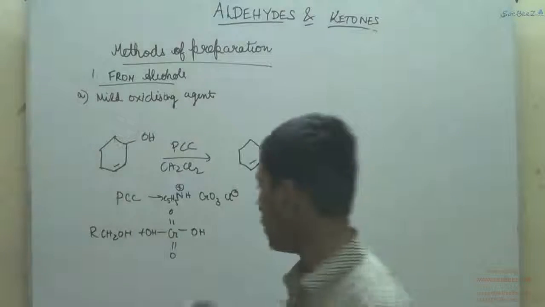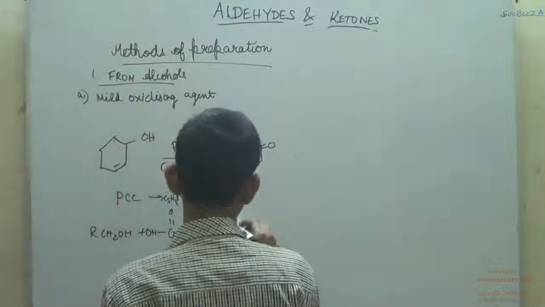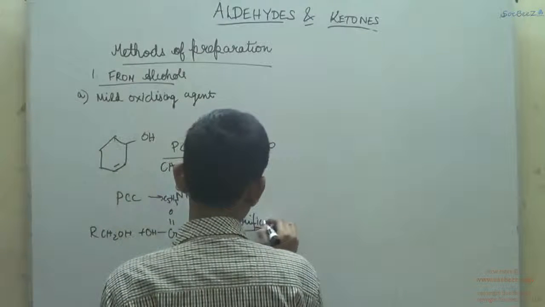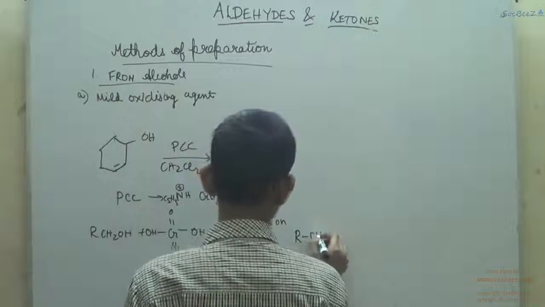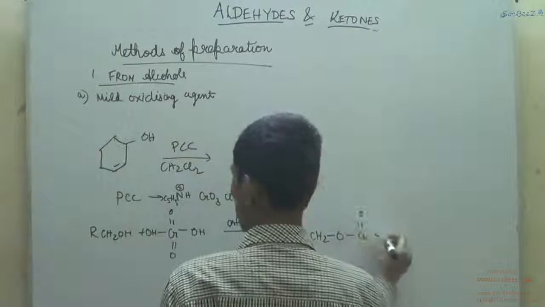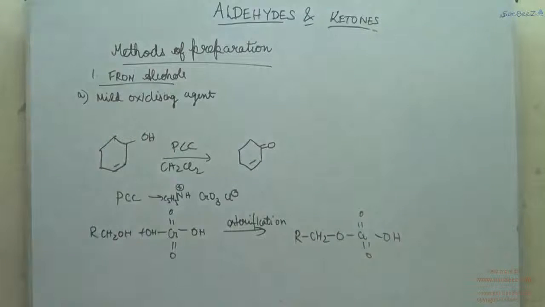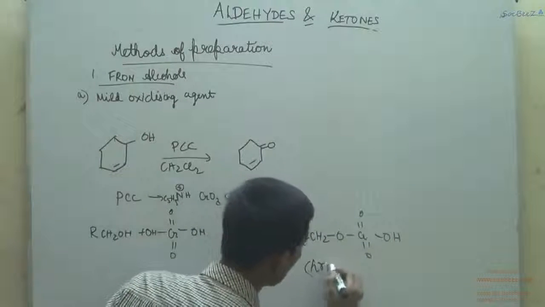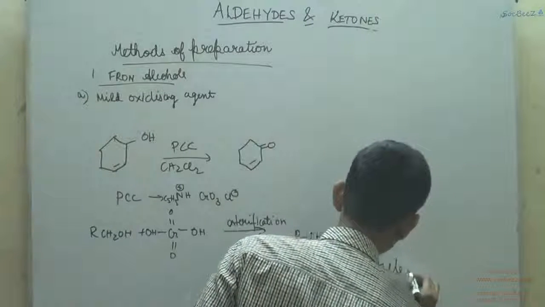This acid is formed, and this is an acid, this is an alcohol. So you have an esterification reaction. By the esterification reaction, you will get an ester, that is RCH2O-CrO(OH)=O. So this is the ester that is formed. This is a chromate ester.